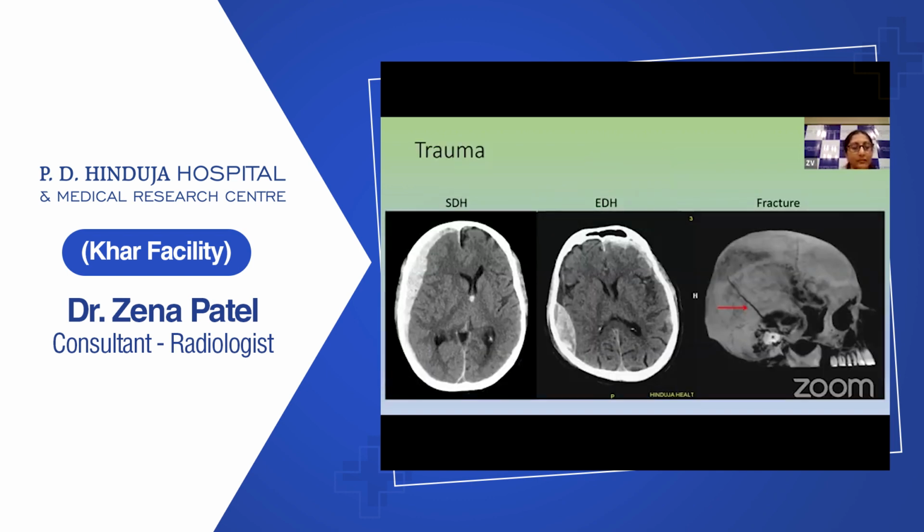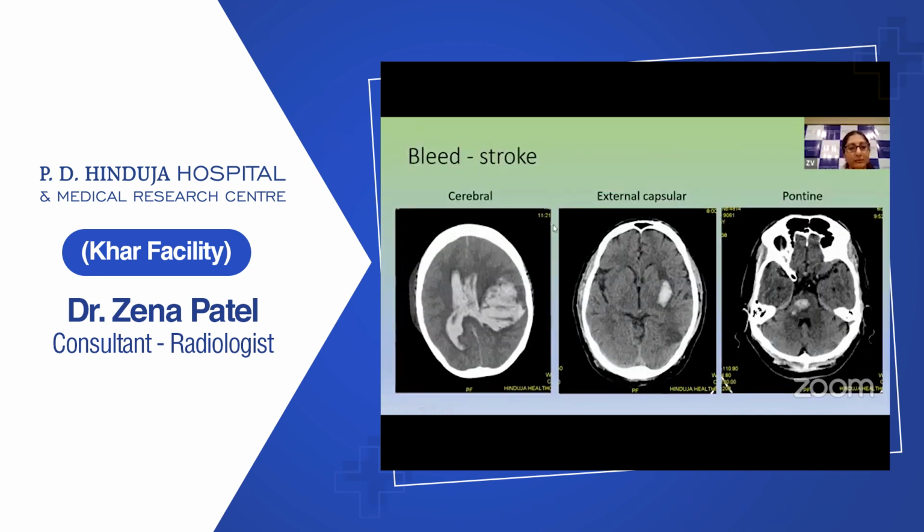This is a typical case of trauma where you're seeing a subdural hematoma, an extradural hematoma, and a fracture, beautifully depicted on the CT scan. Various types of bleed: a large cerebral bleed, a small external capsular bleed, and a pontine bleed.